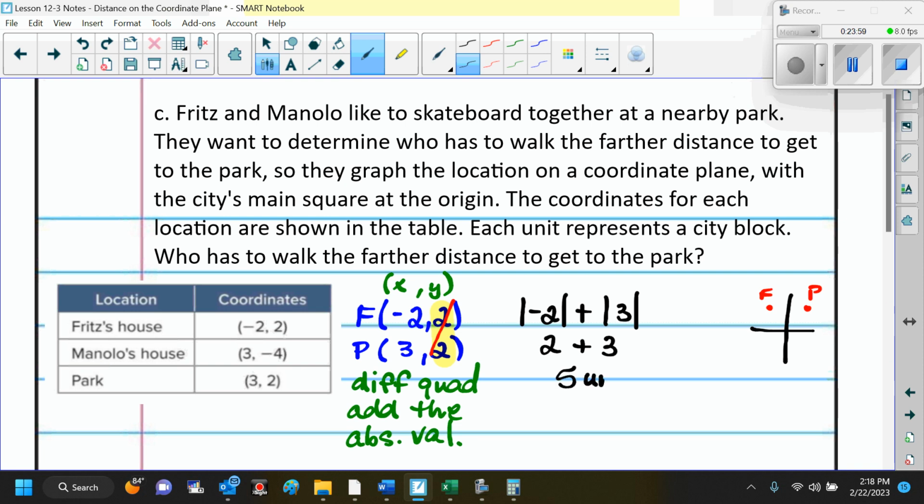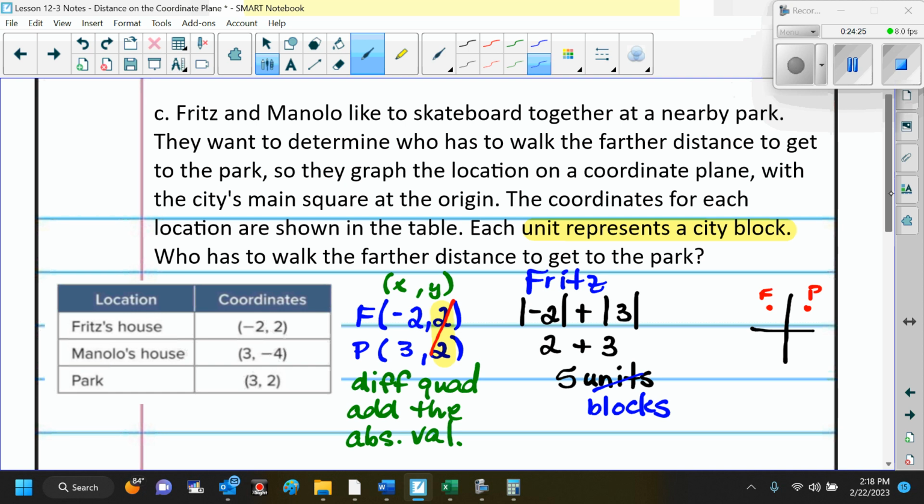Now, it says here that each unit represents a city block. So 5 units, we can just say that's 5 blocks. So this is for Fritz, his house is 5 blocks away from the park.